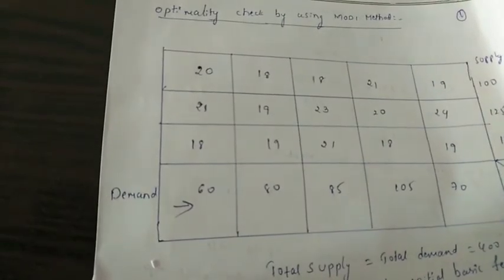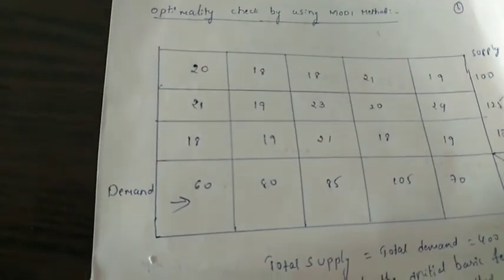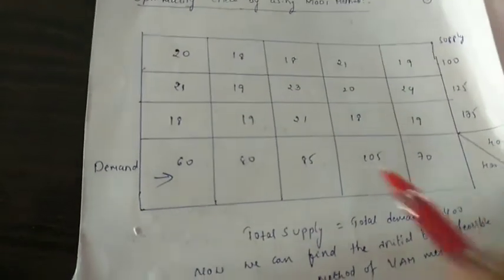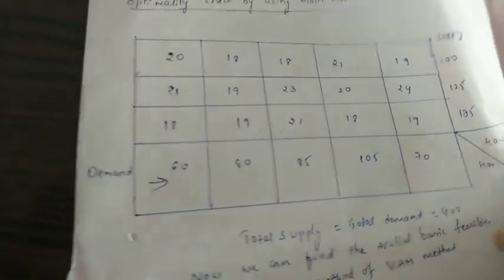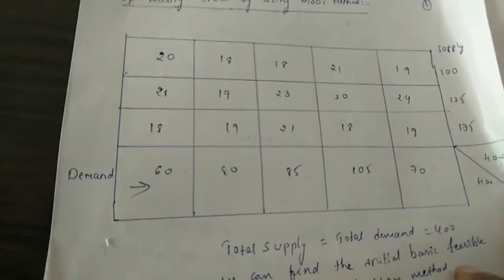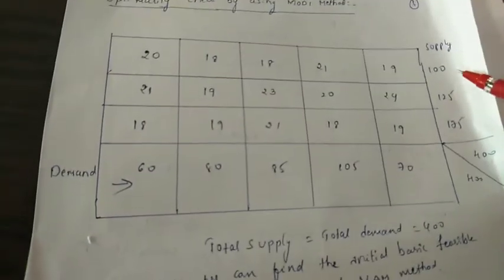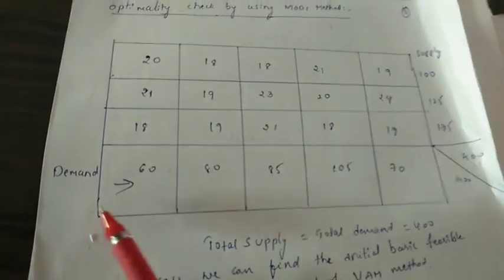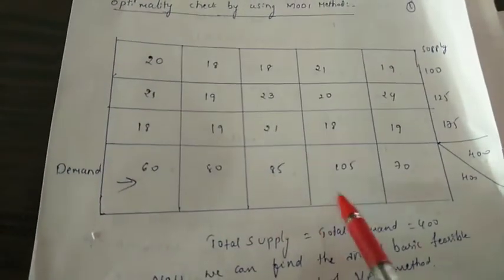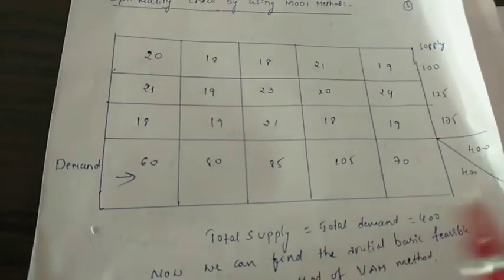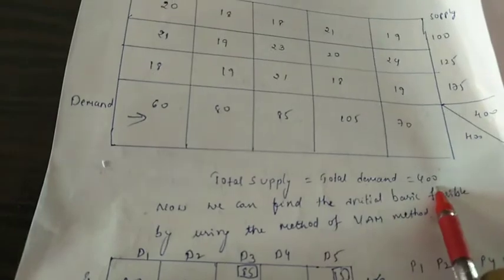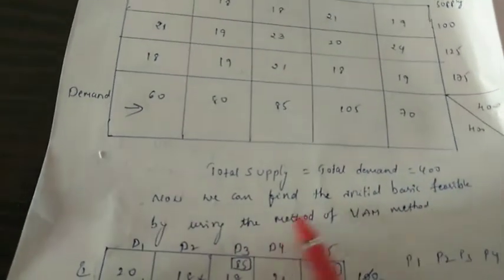First of all, start the problem. You can check that the total supply is equal to the total demand. Here the supply is 100, 125, 175, which is 400, and the demand is 60, 80, 85, 105, 70, which is also 400. So the total supply is equal to the total demand, 400.